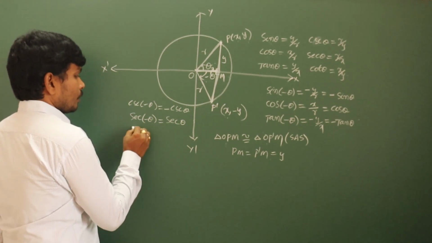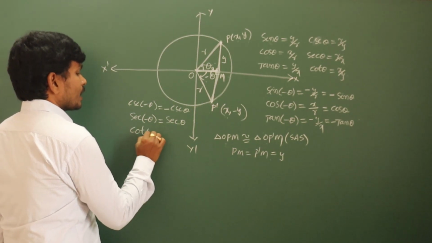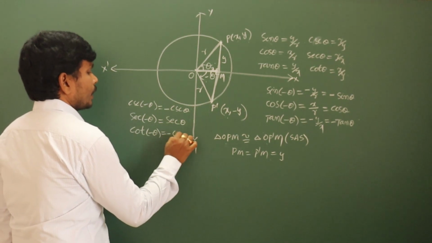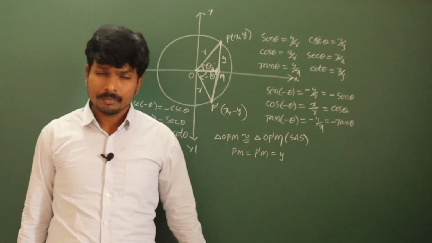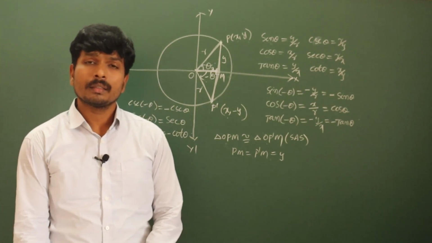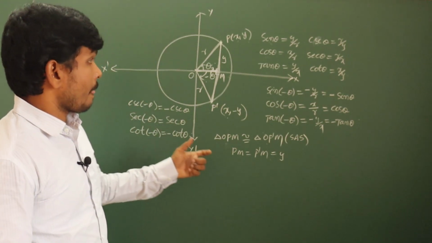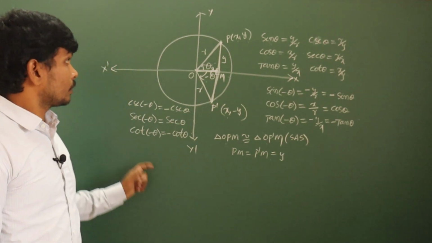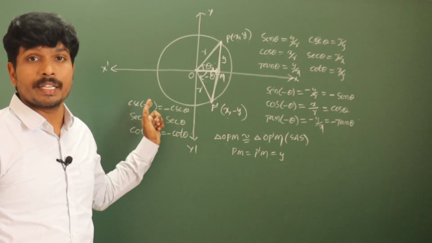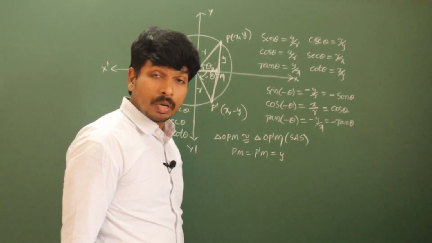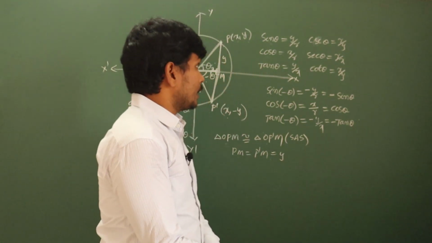Cot of minus theta value is minus cot theta, same as it is. These are the T ratios of the angles which are in the clockwise direction, otherwise T ratios of the negative angles.